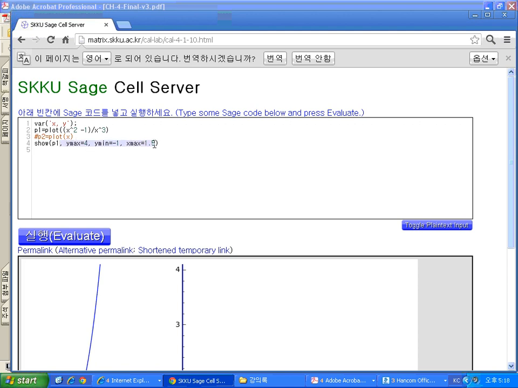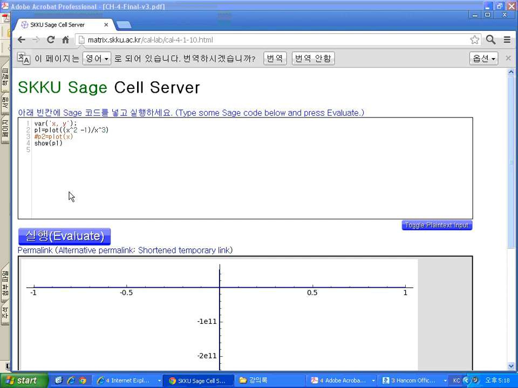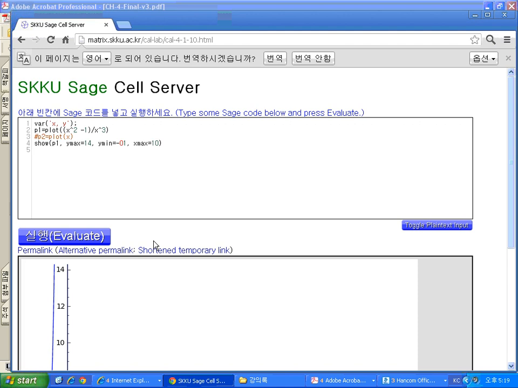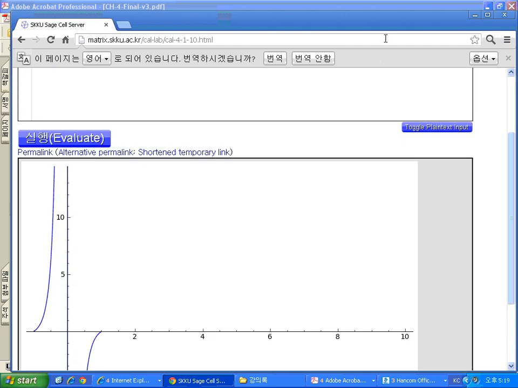I can give a maximum or minimum, for example, Y maximum 10 and Y maximum 14, X maximum, Y minimum, X maximum, something like that. Let's draw the graph of it. Let's say here 10, minus 10. Anyway, we can draw the graph of it.